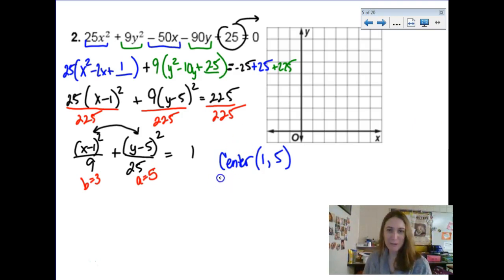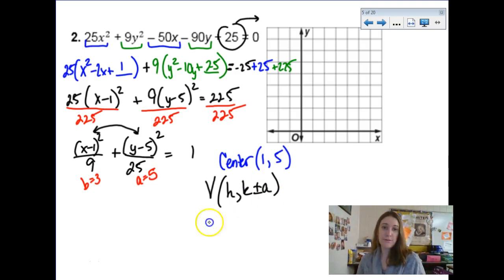But I know some of you really like formulas, and we're going to need to use our formula a little bit more today because of finding the equation of the ellipse. So let's go ahead and use our formulas to find the major vertices and the co-vertices. Our major axis vertices for a vertical ellipse would be at the formula h, comma, k plus or minus a.